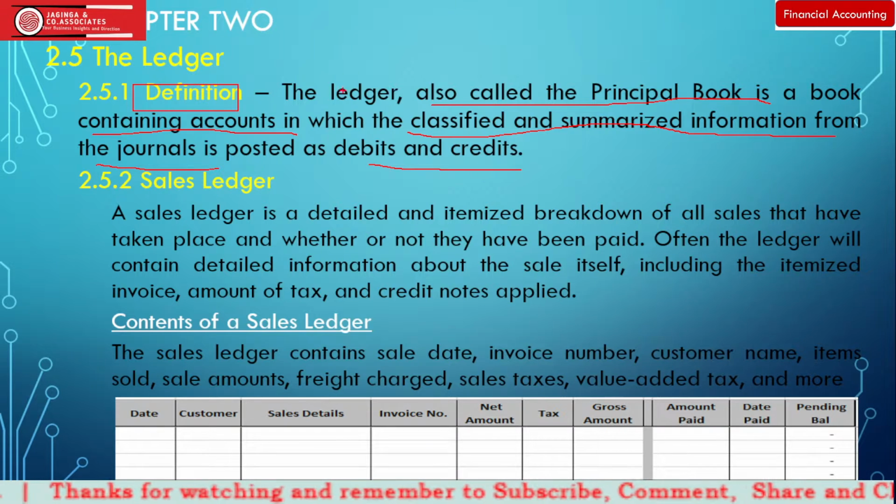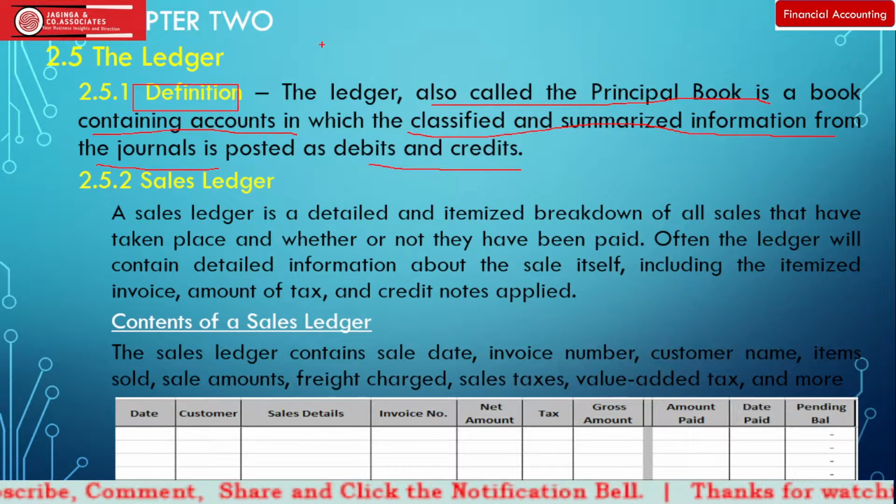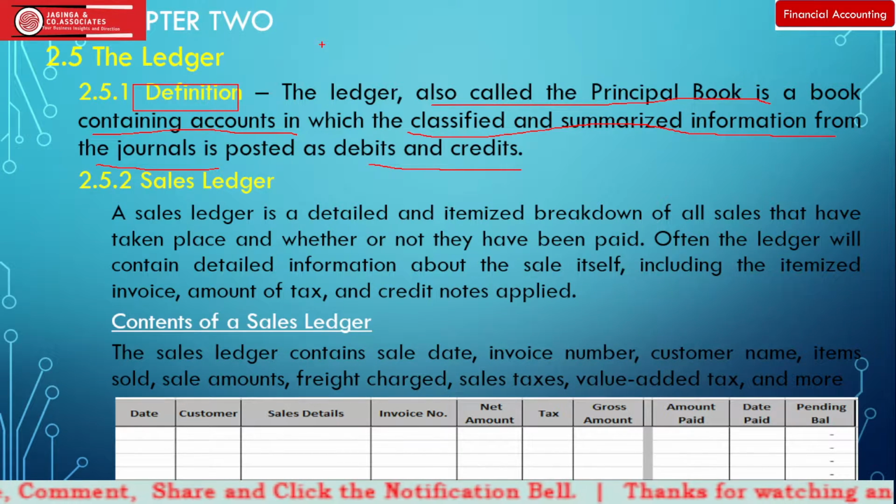So we are saying ledger is also called a principal book, containing accounts in which the classified and summarized information from the journals is posted as debits and credits. So previously we had said that accounting is a process, and the process starts from the source document.